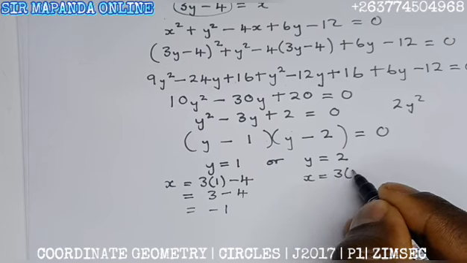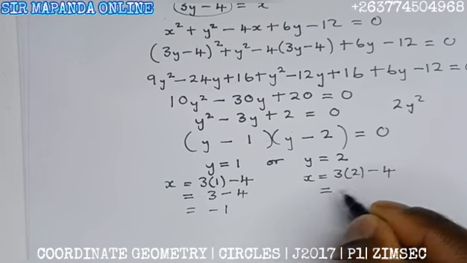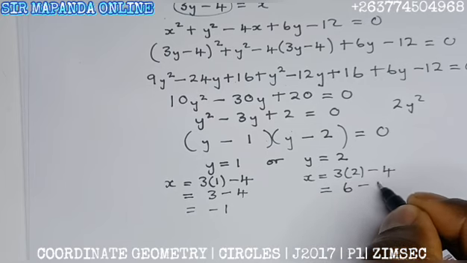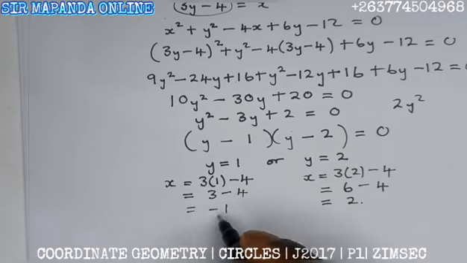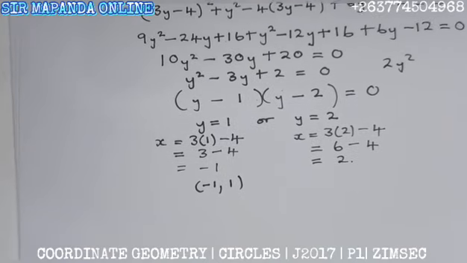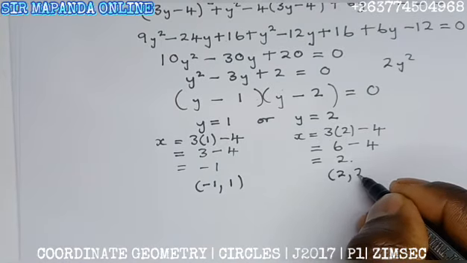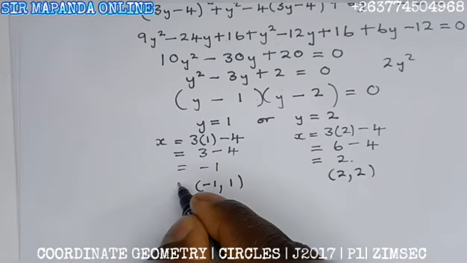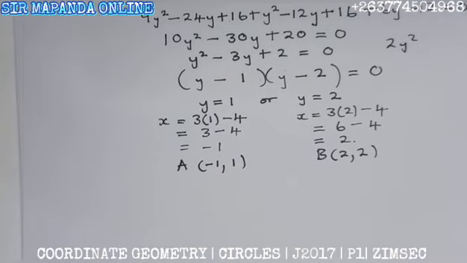You write 3, open bracket 2, then you less 4. 3 times 2, you get 6. 6 minus 4, it gives you 2. So this is the first pair, minus 1 and 1. Then the second pair is x is equals to 2 and y is equals to 2. We can denote this as A. We can denote this as B. I hope you are following.